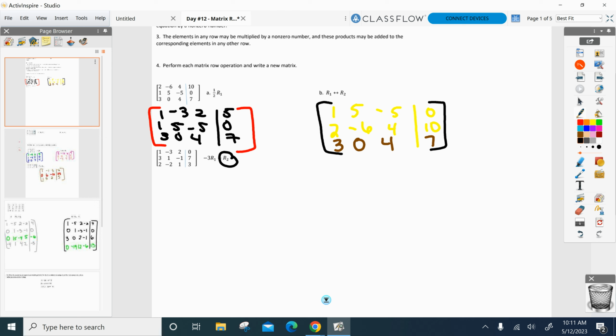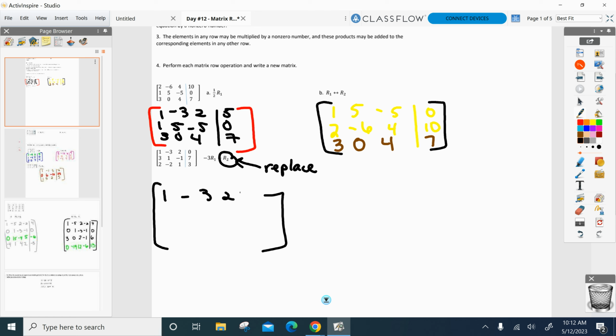Stays the same. Your new row 2 is going to happen using this rule. So my piece of advice, just rewrite rows 1 and 3 right now. Rows 1 and 3 are staying the same.